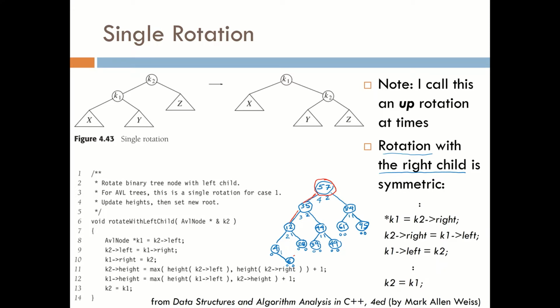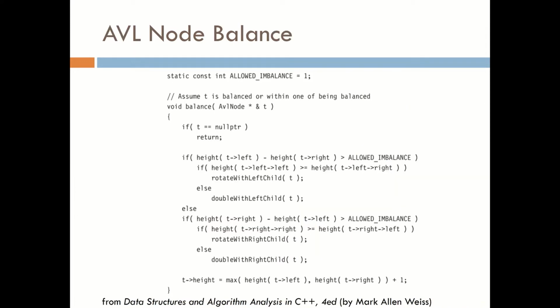Now let's back up for a second and let's take a look at the algorithm again, the balance algorithm. Okay, so here's the balance function. And we've determined that the left tree was the heavy tree. Okay, so that puts us inside this if. And now we want to find out whether the problem emanated from the left tree's left subtree or from its right subtree.